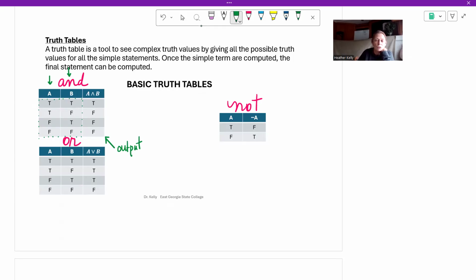In this particular truth table, if we have true intersect with true, you get a true. If you have true intersect with false, you get a false, because what does and, or the intersection, mean? It means that it's in both, right?